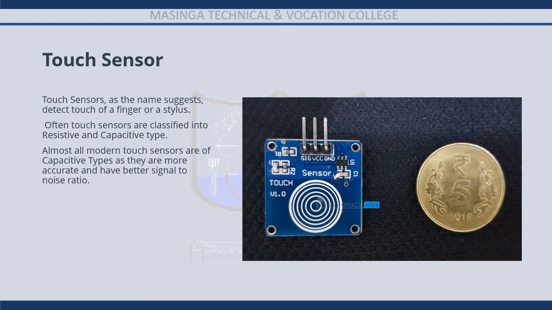One of the most common sensors in today's world is the touch sensor. The touch sensor is able to detect the human finger or a stylus. The most common technologies used to make touch sensors are resistive or capacitive.